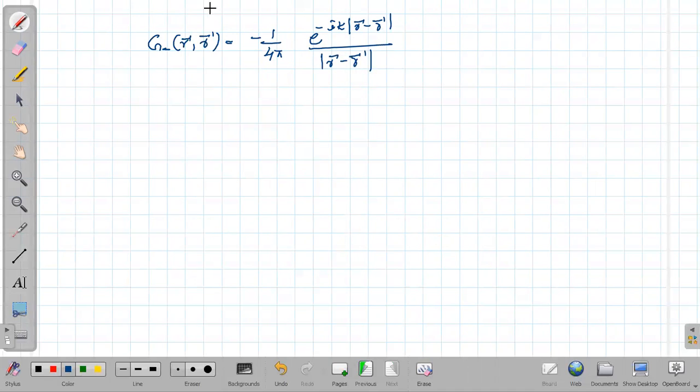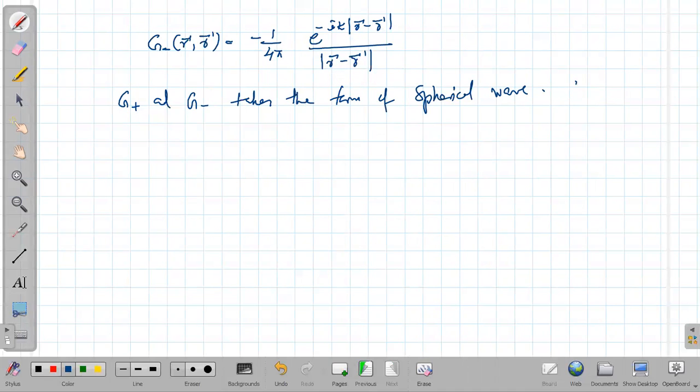Okay, so if you look at both G plus and G minus, both take the form of a spherical wave, and that is okay because the scattering wave must be a spherical wave. But there are other issues also here. If you look at G plus, G plus is e raised to plus ik modulus of r minus r' divided by modulus of r minus r'.